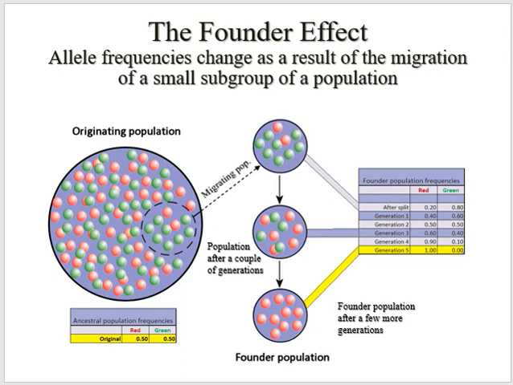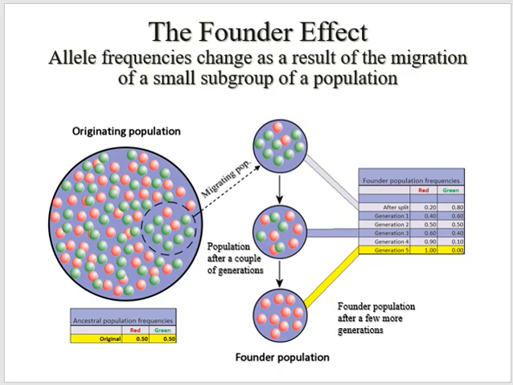In population genetics, the founder effect refers to the loss of genetic variation that occurs when a new population is established by a very small number of individuals from a larger population.